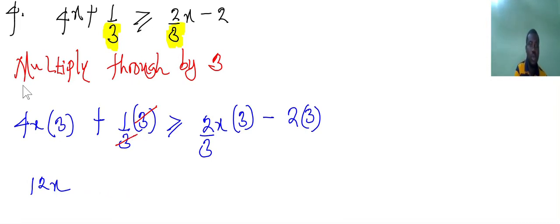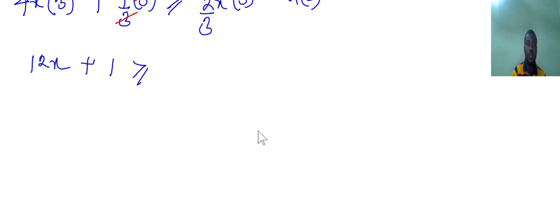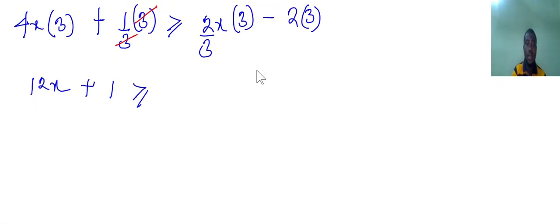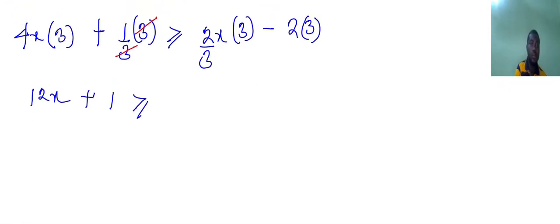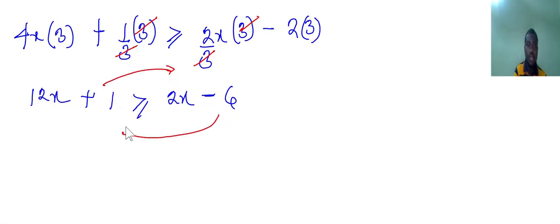That's 12x plus 1 greater than or equal to, also 3 cancels out, up and down, 2x minus 6. So let's collect like terms.